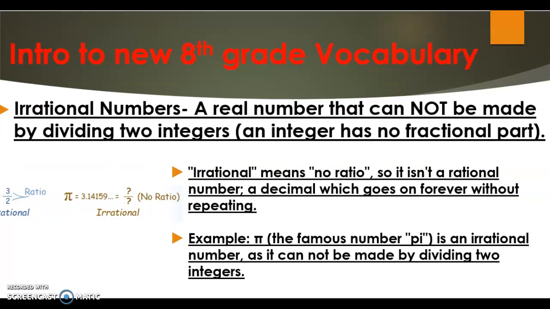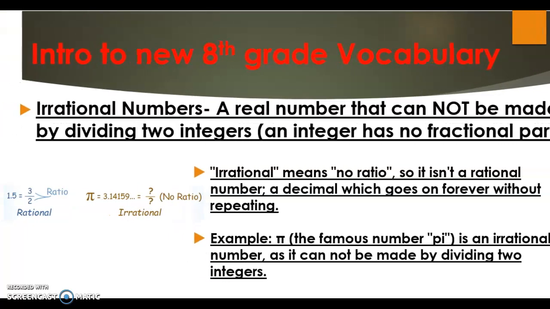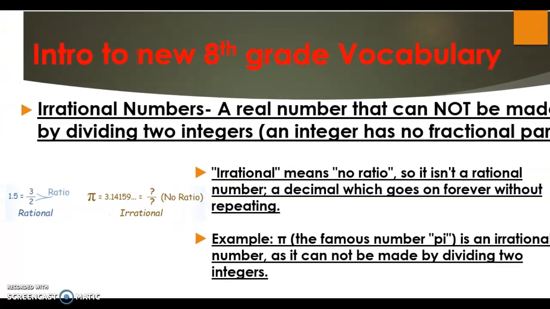Now, an irrational number is a number that cannot be made by dividing two integers, okay? An integer that has no fractional part, I should say. Now, your irrational numbers, if you look at this example, and I'm going to move the screen over just a little bit. On the left here, where you see 1.5 is equal to 3 over 2, that is a rational number because it can be phrased as a fraction.